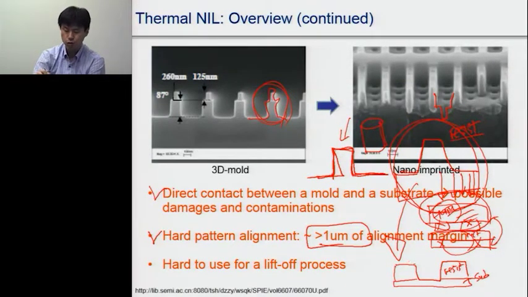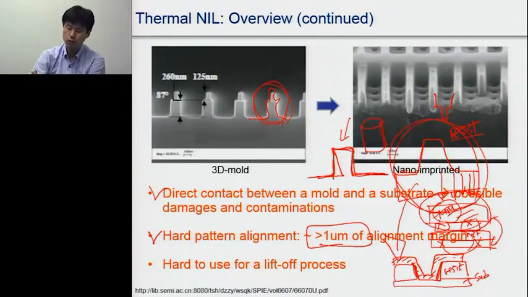If we wanted to use this kind of angled resist pattern for the lift-off process, as you can expect, when we deposit film on this pattern-transferred substrate, all these films are continuous.